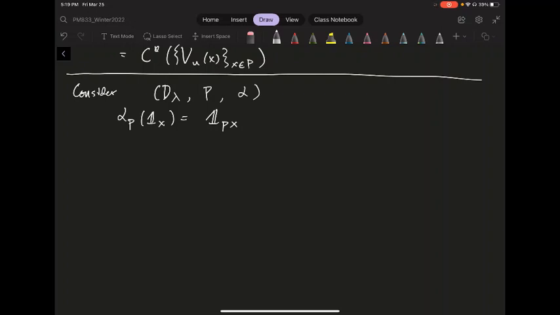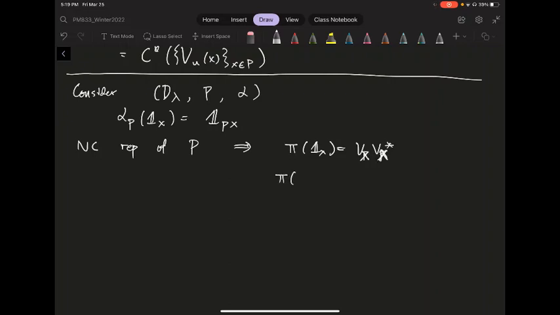If you have an isometric Nica covariant representation of your P, that implies you can define a representation for 1_x, which equals V_x V_x star.